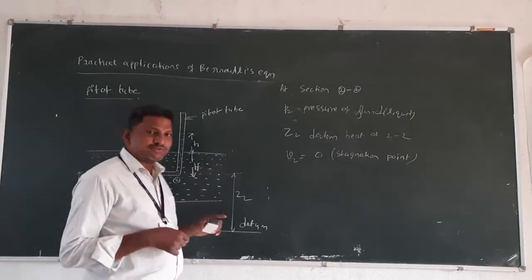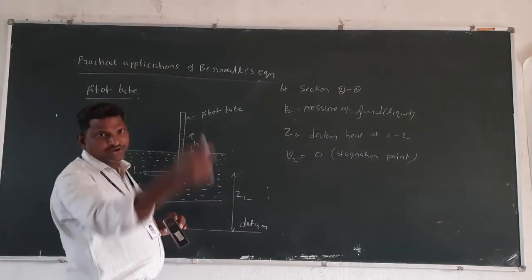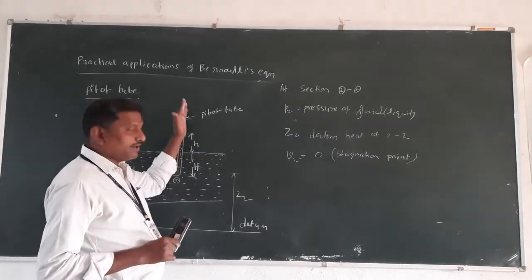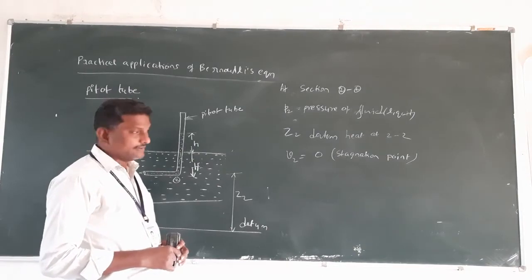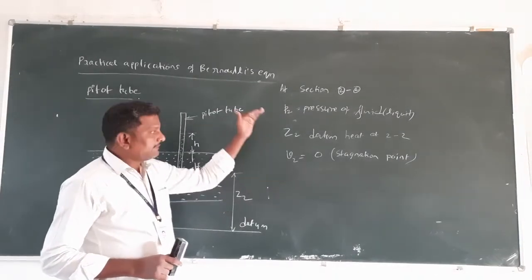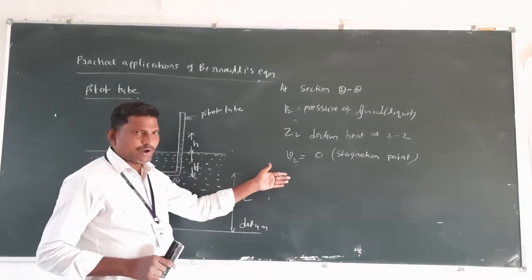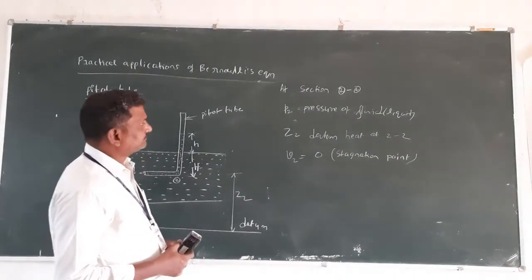Because of this pressure energy, water will rise up. That is why water is moving up into the PITOT tube. This is the important point. At stagnation point, velocity is equal to 0, the pressure is called stagnation pressure, and the kinetic energy is converted to the pressure energy.